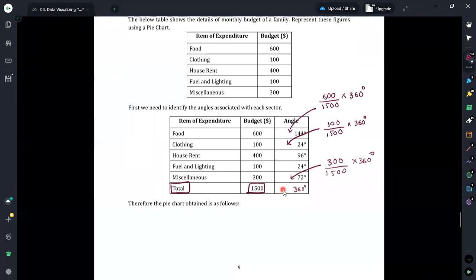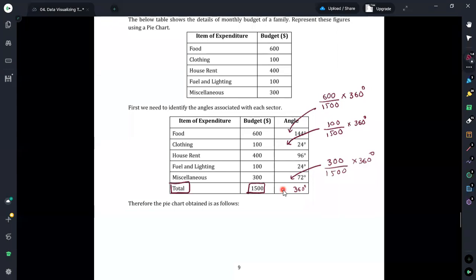Then we will get exactly 360 degrees. But if the numbers cancel off directly and we get values without decimals, then we'll get a finite value for the last row as well, and the exact value of 360 for the total of these angles.